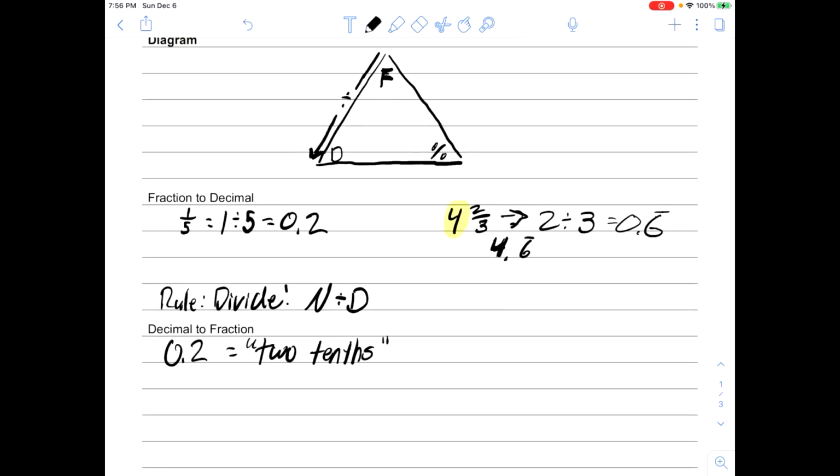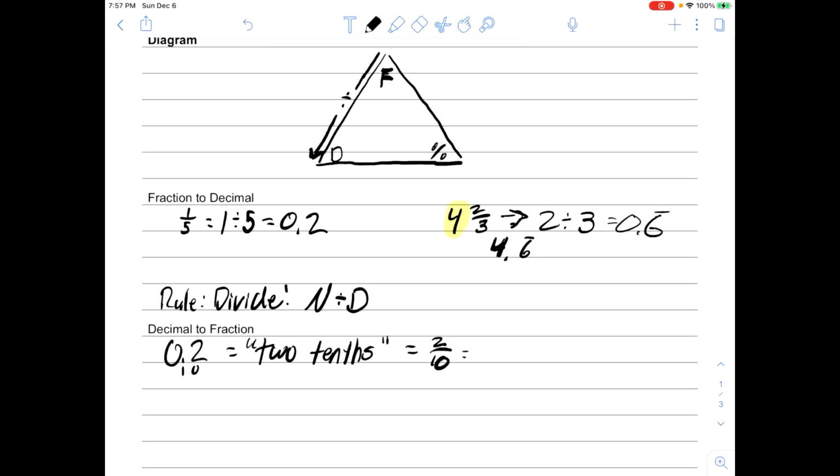Well, 2/10, that immediately sounds like a fraction. That would be 2/10. The other way I can do this is I can put a 1 under my decimal point and then zeros under everything after it. In this case, I get the same thing, and I will always get 2/10.